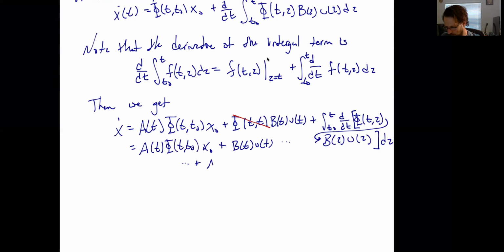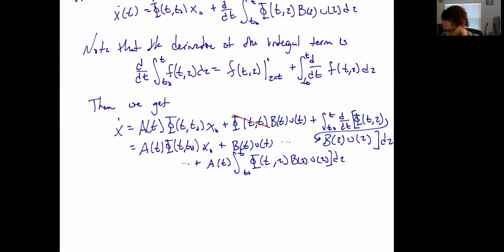So the derivative of the state transition matrix is going to pop out this a term here. Then we get a of t times the integral from t naught to t of phi of t, tau, b of tau, u of tau, d tau.